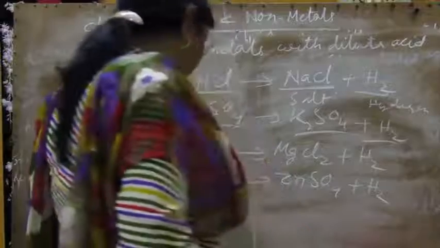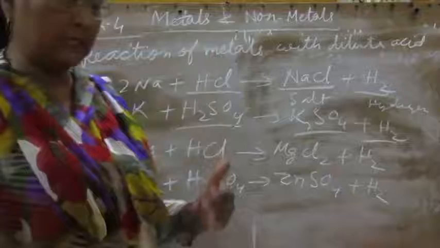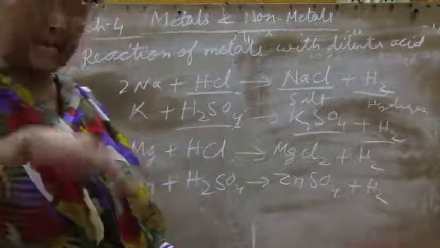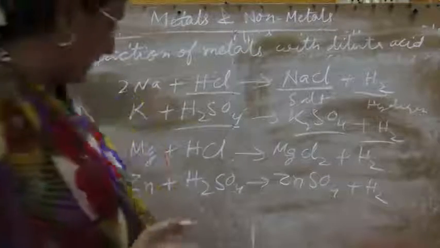Iron also reacts with sulfuric acid and hydrochloric acid, and you will find more examples in your book, producing their respective salt and hydrogen.